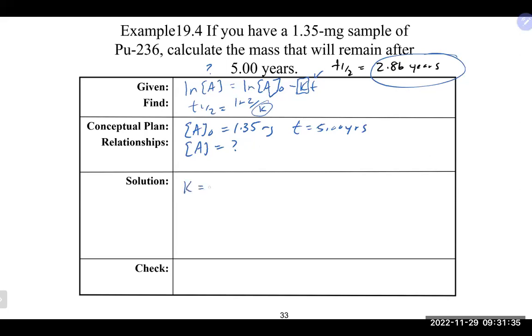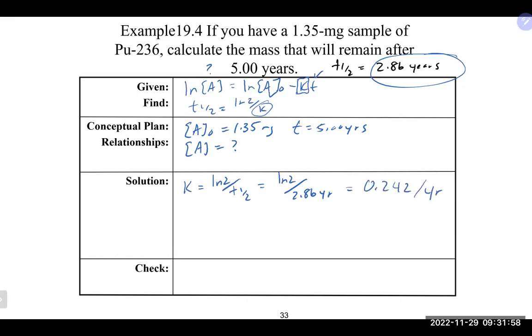So the decay constant would be the natural log of 2 divided by our half-life, which would be the natural log of 2 divided by 2.86 years. That gives us, we'll call it 0.242 reciprocal years.